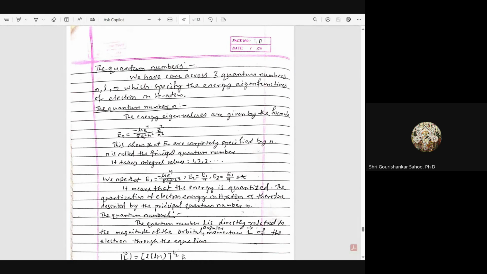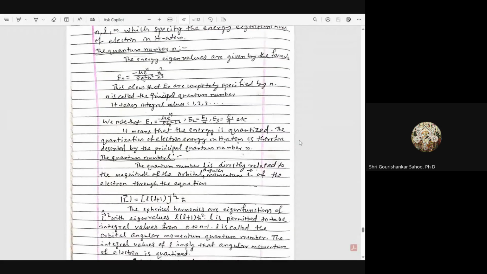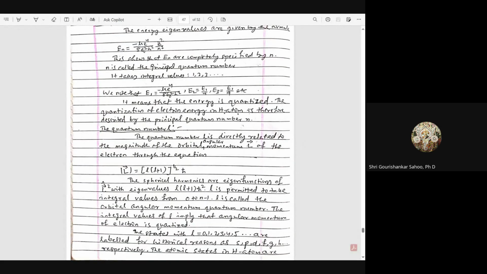It can have the values 1, 2, 3, 4, 5, 6, and so on. And your E1 is equal to −μe⁴/(8ε₀²h²), E2 is equal to E1/4, E3 is equal to E1/9, and so on. So the energy is quantized, and the quantization of electron energy in hydrogen-like atom is therefore described by the principal quantum number, that is n.